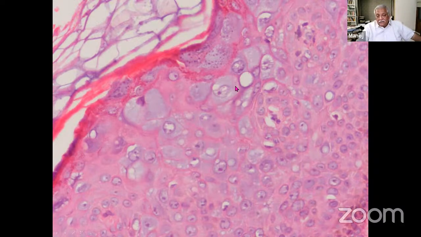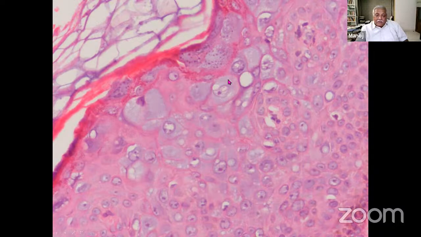This blue stuff is virus. It's human papillomavirus. And in between, you have cells which are relatively more normal looking. And depending, you may have some cases where you have only 1 or 2 cells to look at.